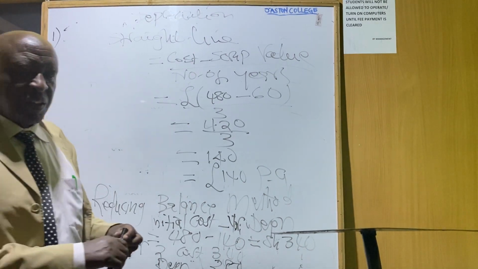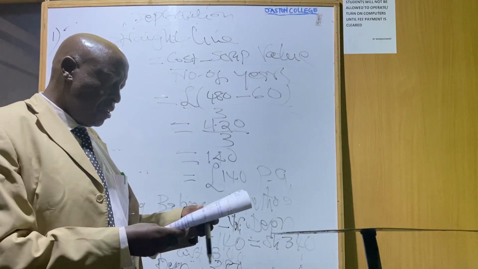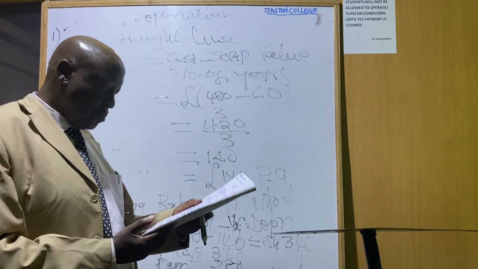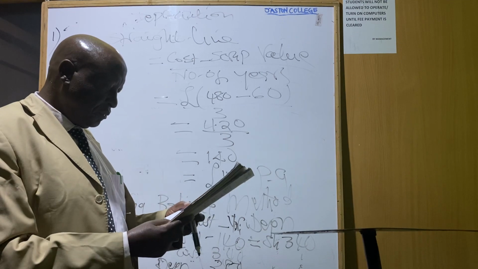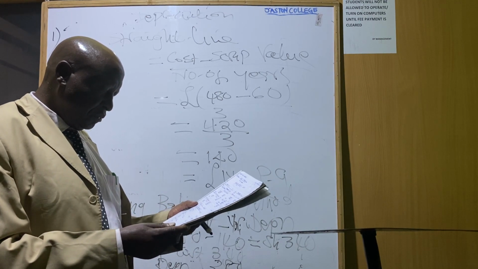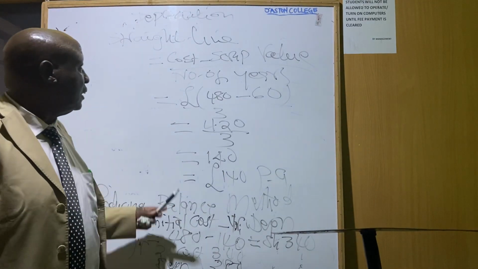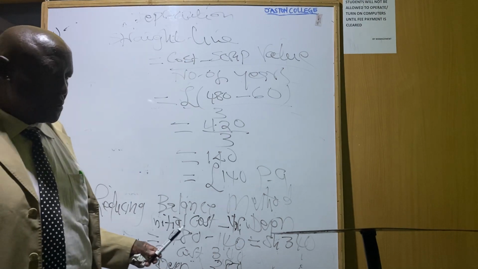The computers will wear out. So that is the reducing balance method.